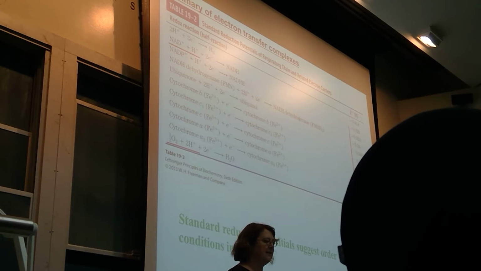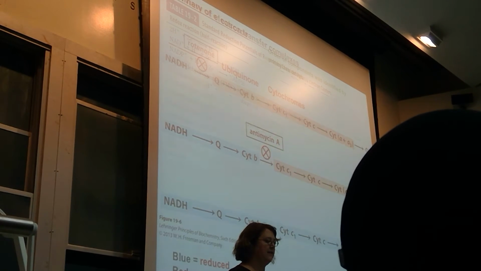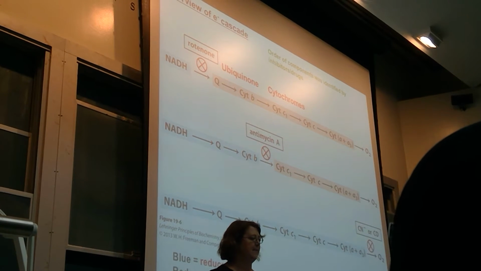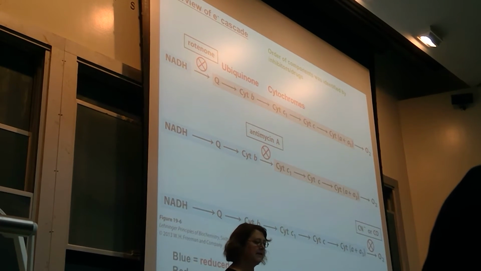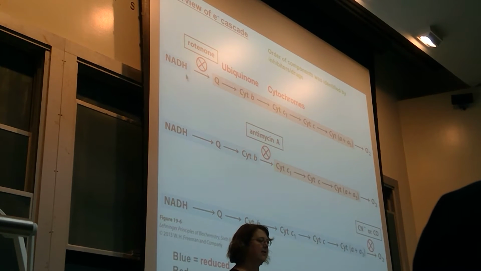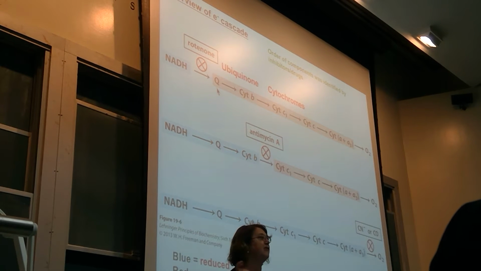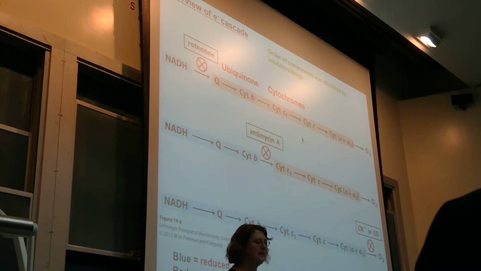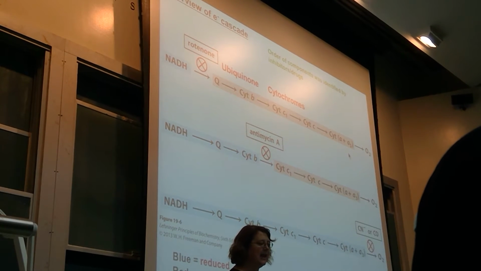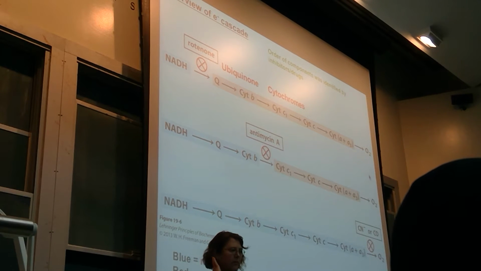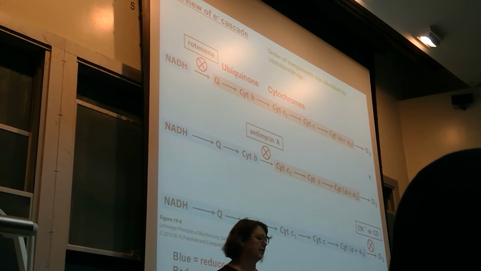There are a couple ways to experimentally look at this, and the one we're going to focus on is the use of inhibitors or drugs. Here, these components are NADH, ubiquinone, which we will go into in a minute, which is Q, the cytochromes b, c, and then finally a, and then your final oxygen, which is accepting those electrons to make water.